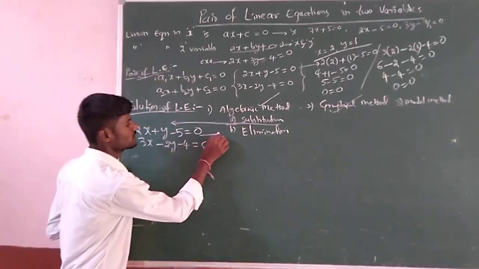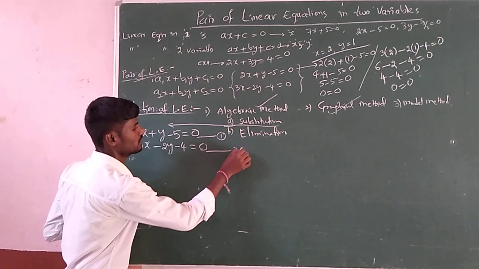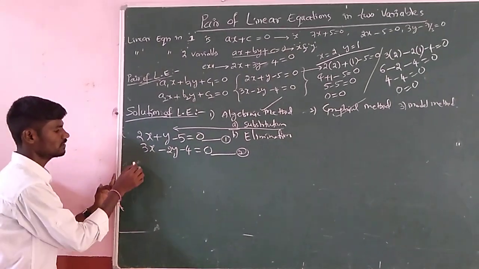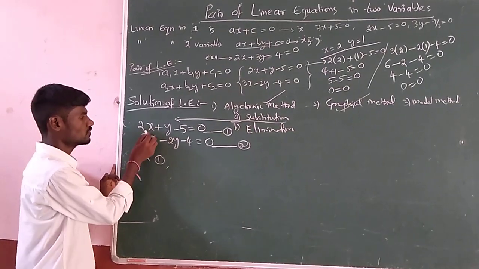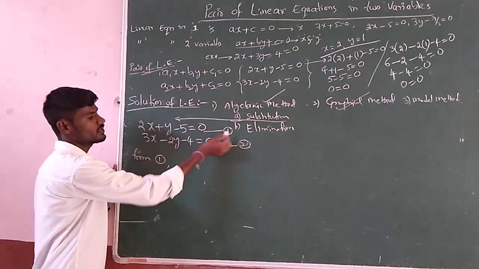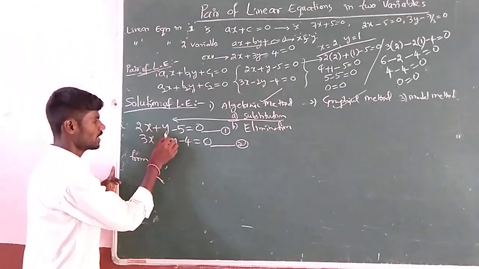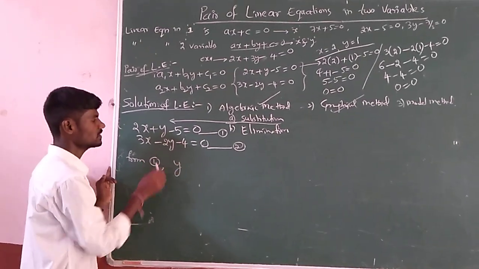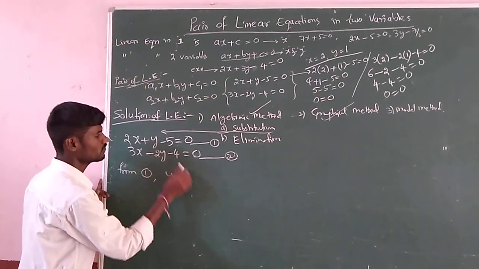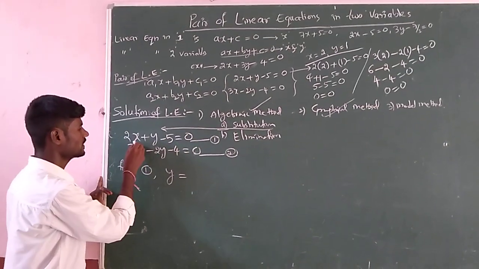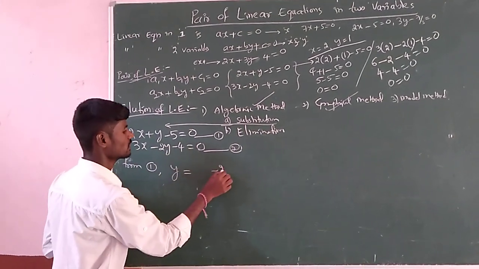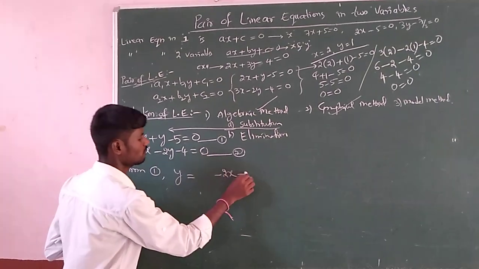Let us take the given equations as equation 1 and equation 2. From 1, if you observe, 2x plus y minus 5 equals 0 is the first equation. In this, I keep y as it is on the left side, and after the equal sign, transpose 2x and 5 to the opposite side. Plus 2x becomes minus 2x and minus 5 becomes plus 5.